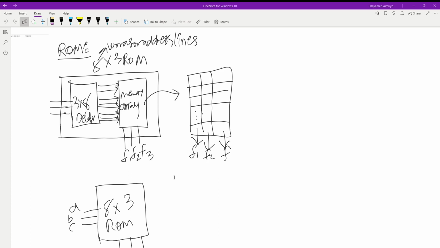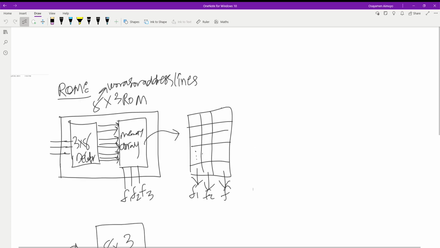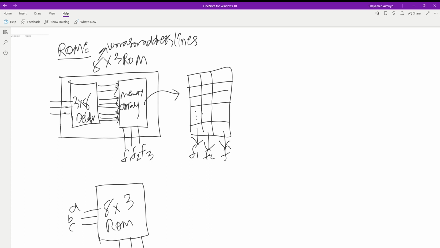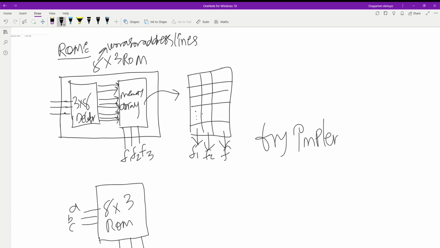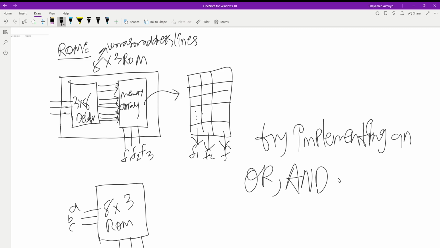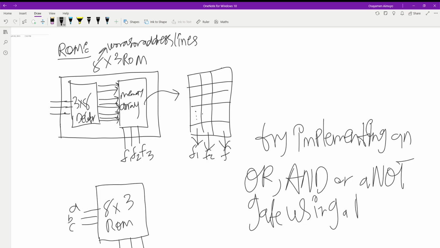As an exercise, you should try implementing an AND or a NOT gate using a ROM.